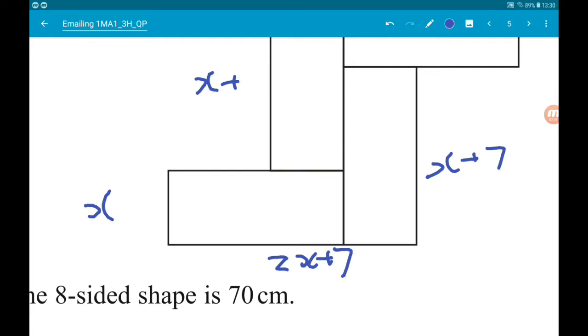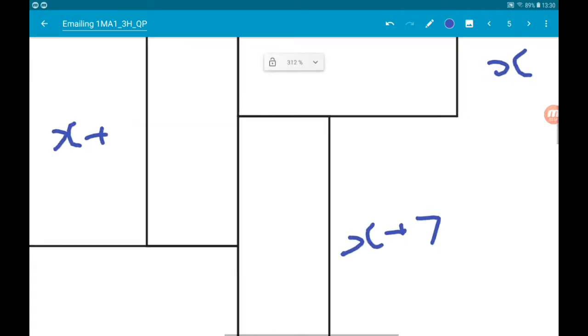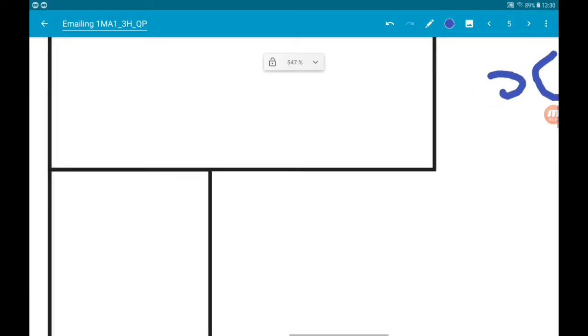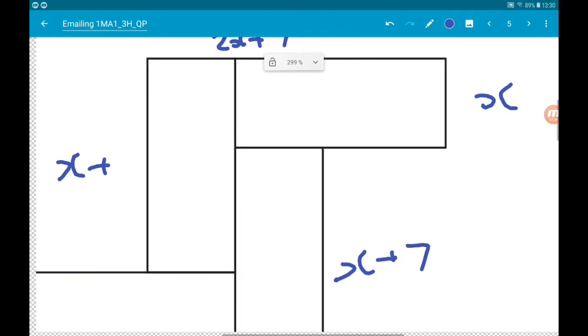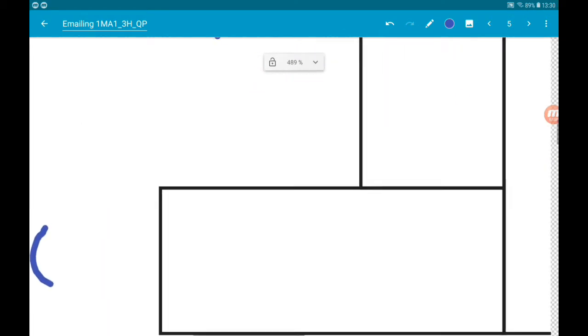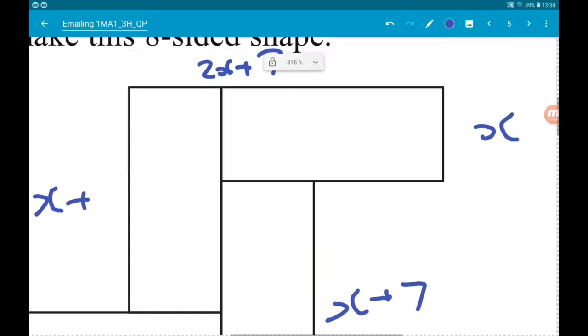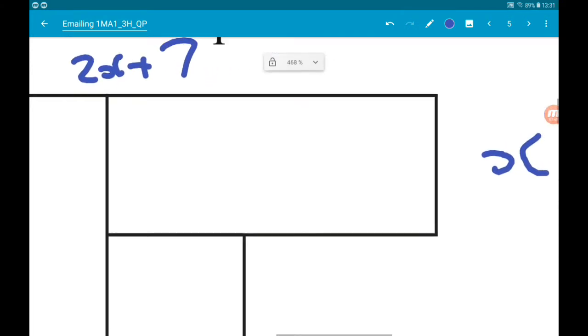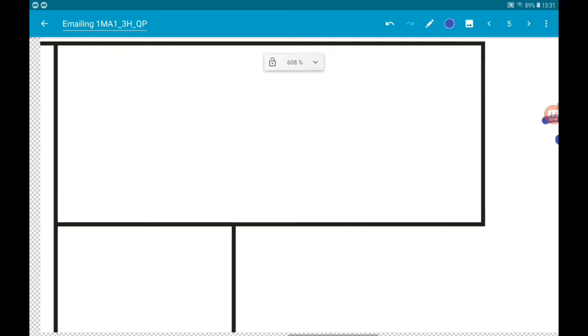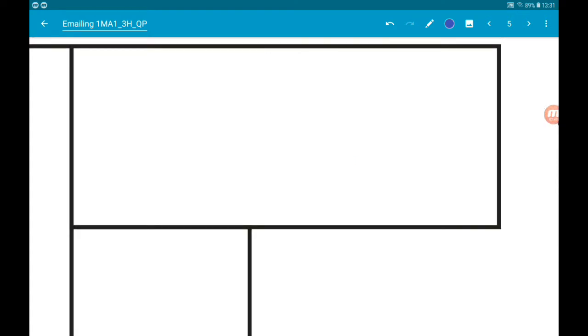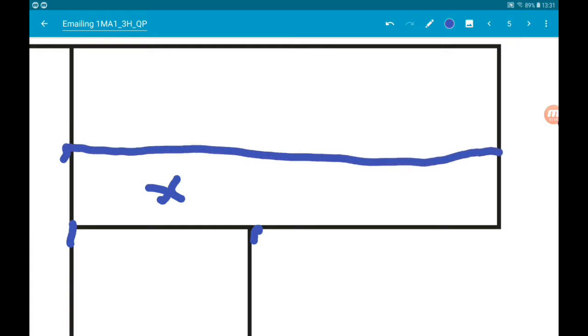Now that leaves 2 lengths, which is this bit here and the same one down here. So what length is this? Well, we know the whole bit of the rectangle is x add 7. We know this bit is x, so we know this whole bit is x add 7.